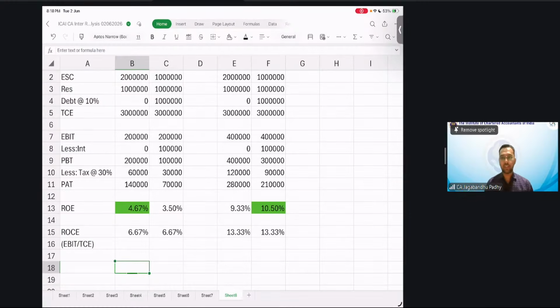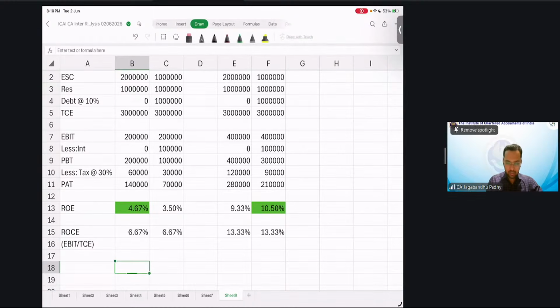A very interesting thing to note over here is, look at these numbers. Your return on capital employed is 6.67% and your cost of debt is 10%.